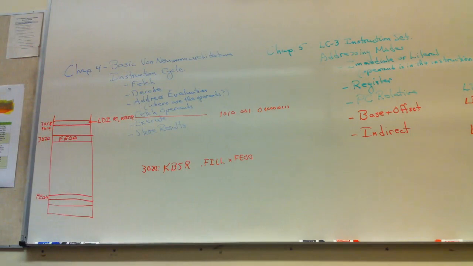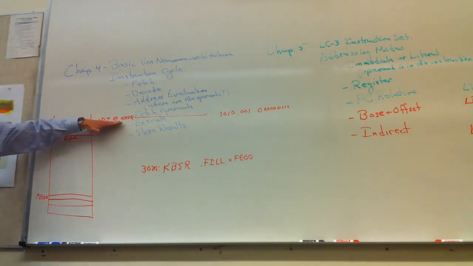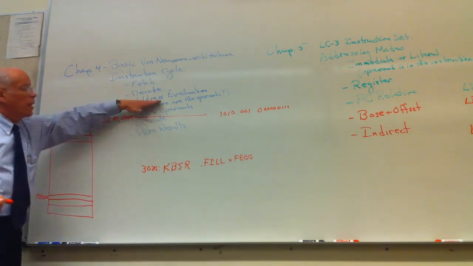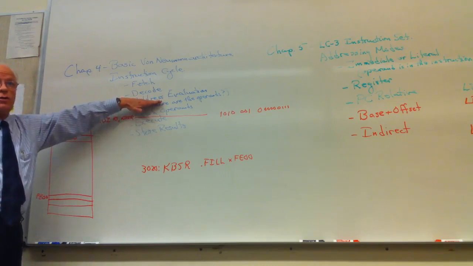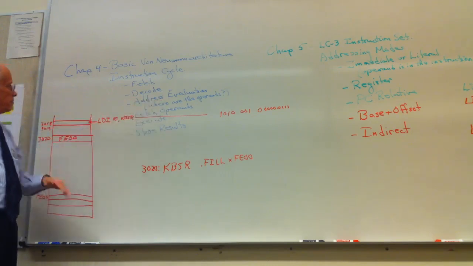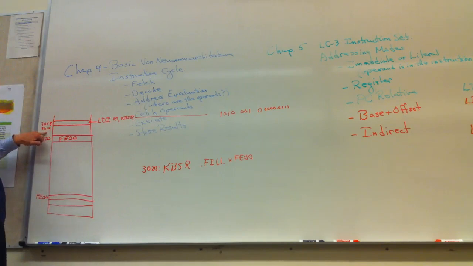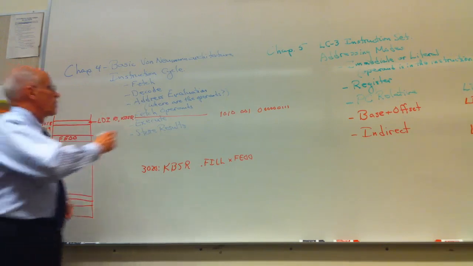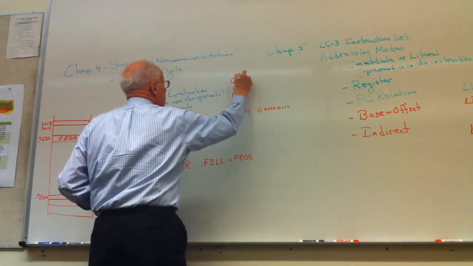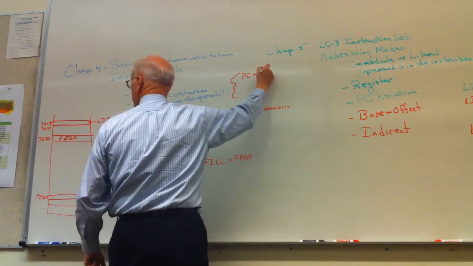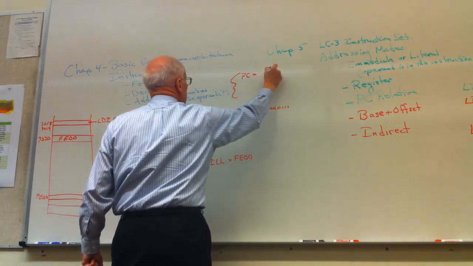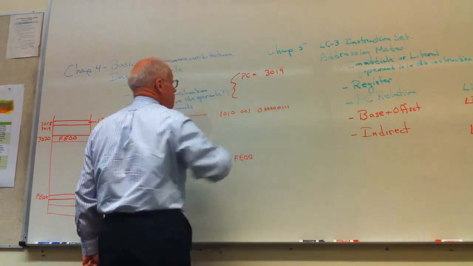How indirect works again. As it is going through the address evaluation stage of this thing, it takes the program counter. This is all done in here. PC is 3019.